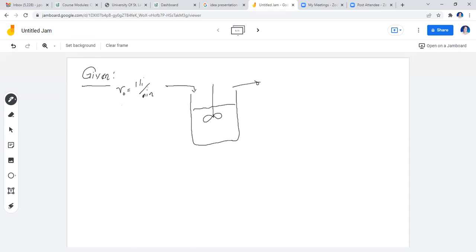The initial concentration of A is 0.1 mole per liter, and that for B is 0.01 mole per liter. I'm just rewriting it here based on what we have in the problem. It says there that the volume of the reactor is 1 liter. So I'll place it here.